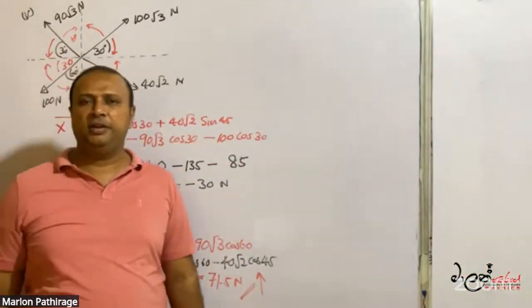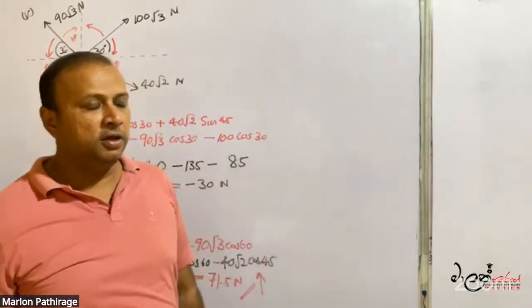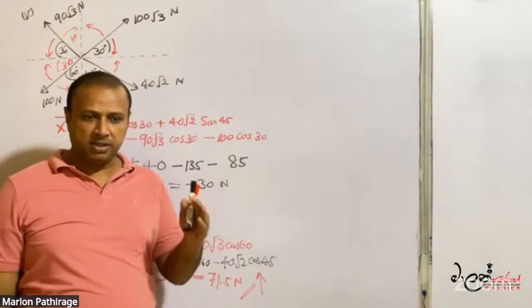The resultant vector of a vector system.